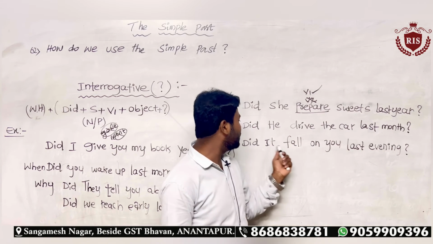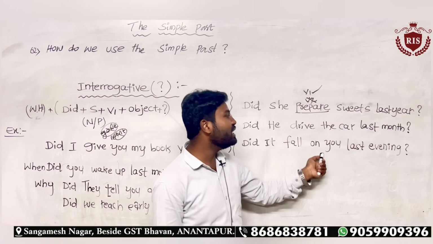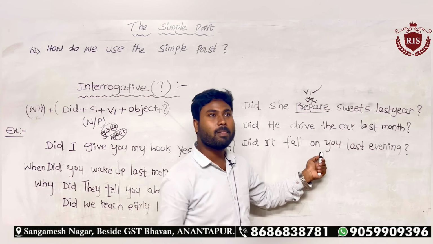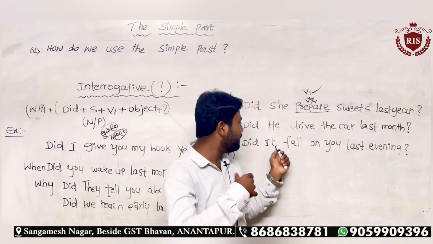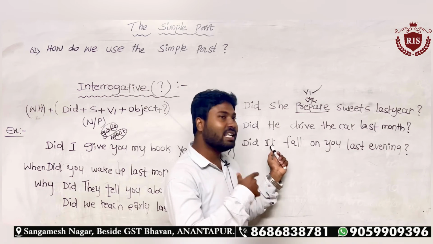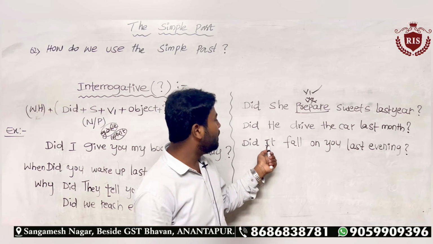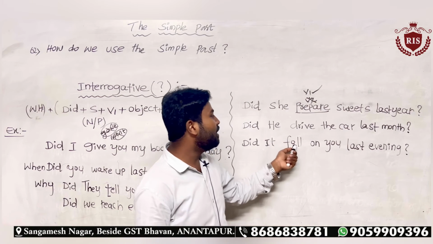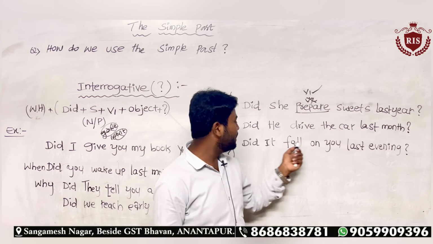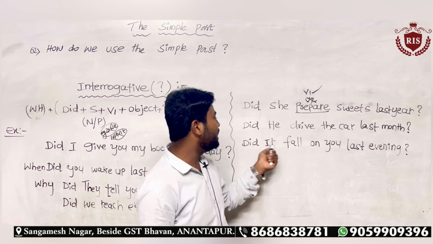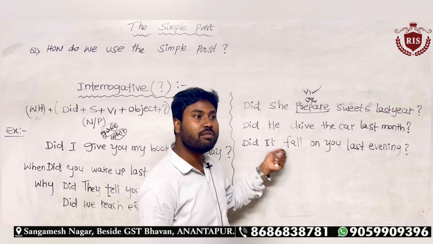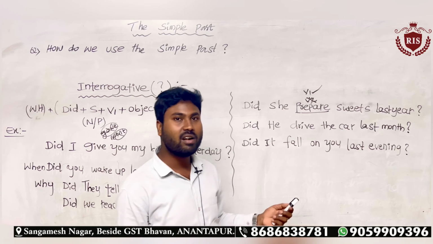So here we asked the question, did it fall on you last evening? Here it refers to the branch, and we can use the noun directly. We can say, did a branch of the tree fall on you last evening? Okay, this is the question. As I have told you, it refers to the branch of a tree.